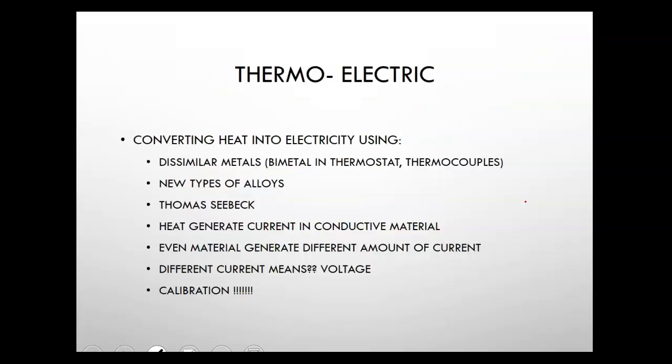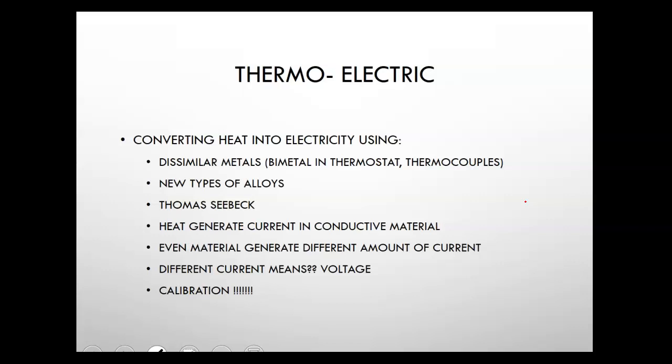Thermoelectric is another form of power generation. It's basically having two metals that are different. One of them is nickel, and sometimes the other one is copper. And when they heat it, miraculously, they generate power. How is that so?